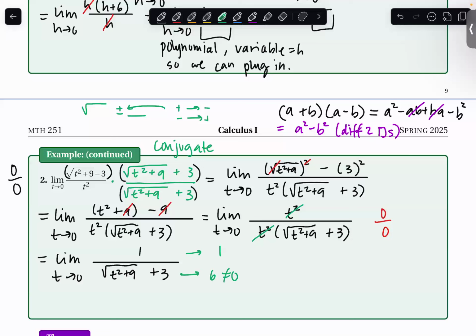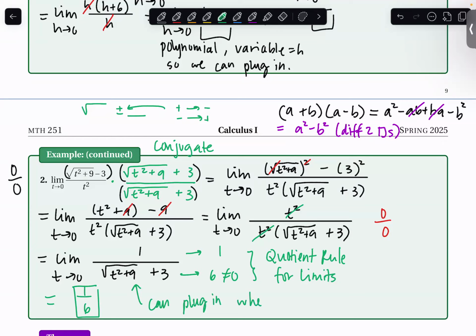Because this is not equal to 0, I'm technically using a quotient rule for limits. They both give me back a number, so I just get the numerator over the denominator now, right? I can really just plug in when the denominator does not equal 0.